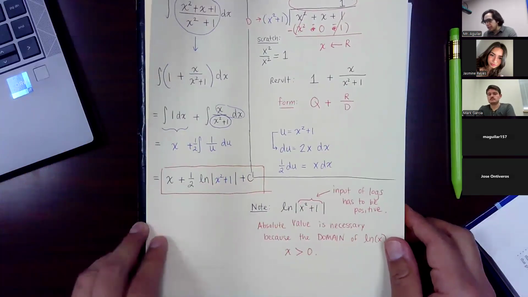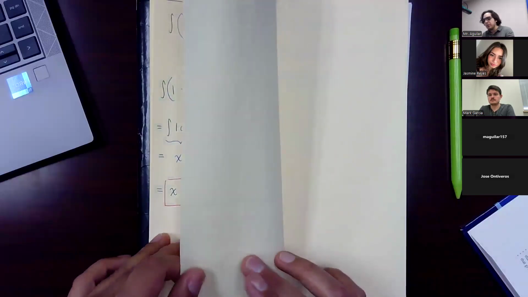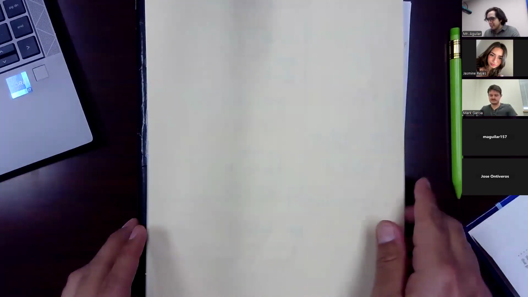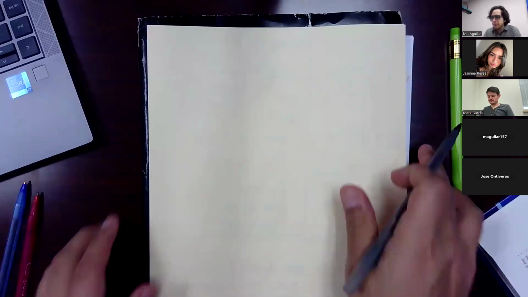Okay. All right, let's do another example so we can see some more polynomial long division. I know you guys are dying for it. So this is a homework example.